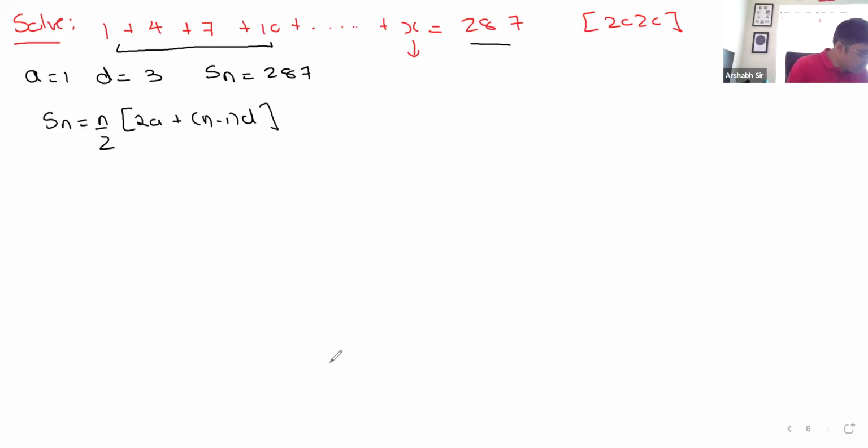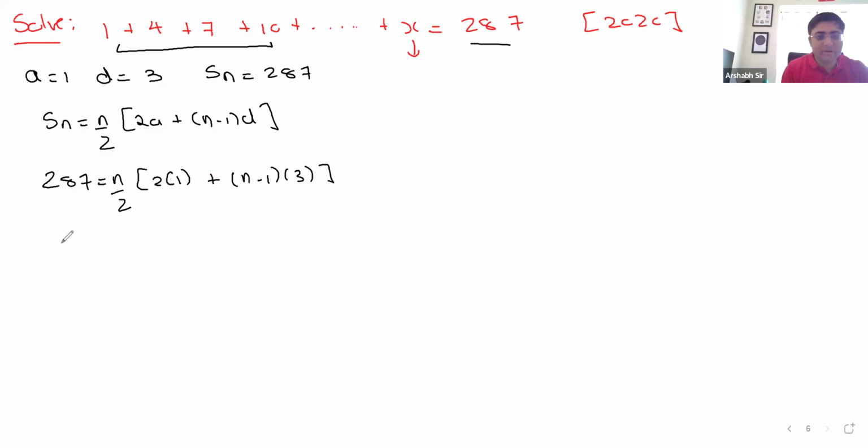I'll just check your answer, beta, whether it is correct or not. Yes, very good Bhargav, that's right. So 287 is n by 2 into 2 times a plus n minus 1 times 3.